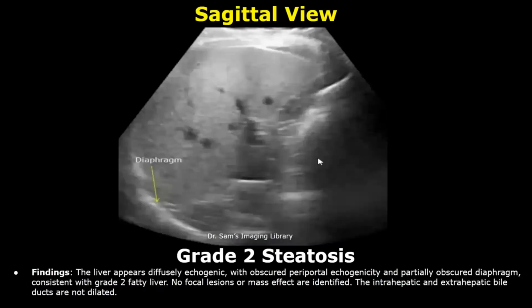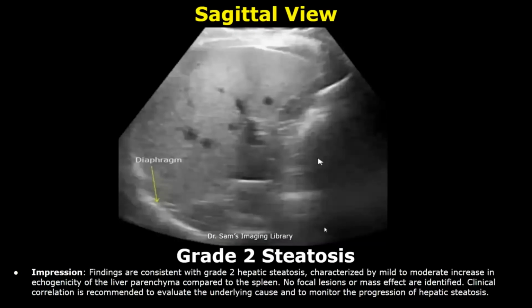In the findings for grade 2 steatosis, you can write the liver appears diffusely echogenic with obscured periportal echogenicity and partially obscured diaphragm, consistent with grade 2 fatty liver. In the impression, you can mention grade 2 hepatic steatosis, and finally you can mention the clinical correlation.